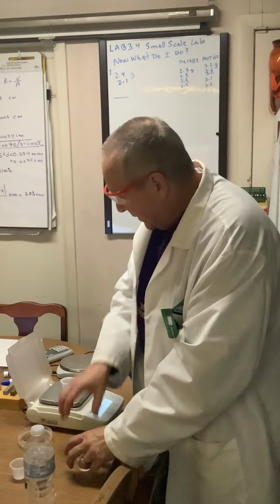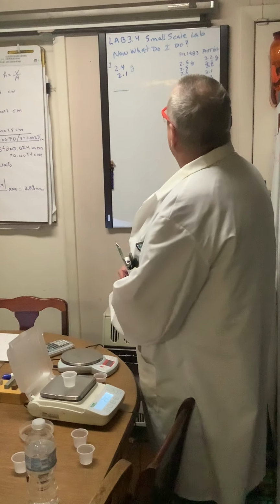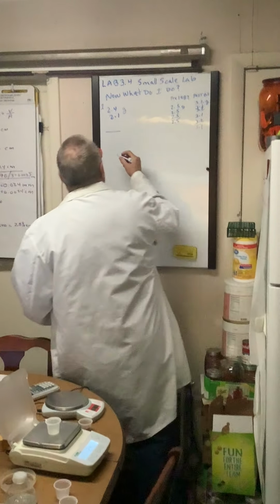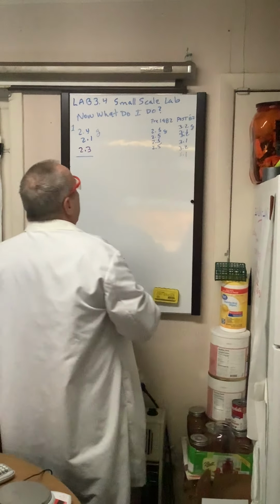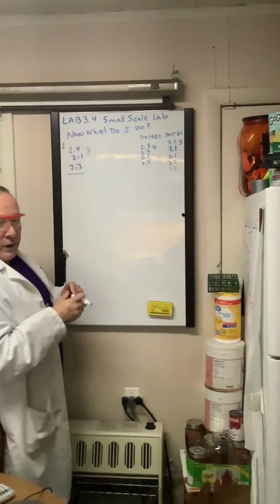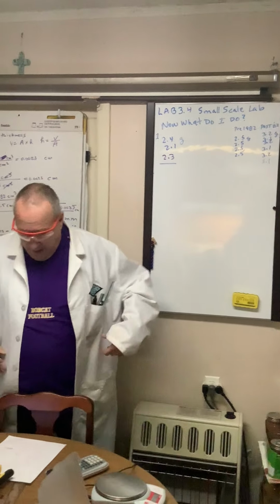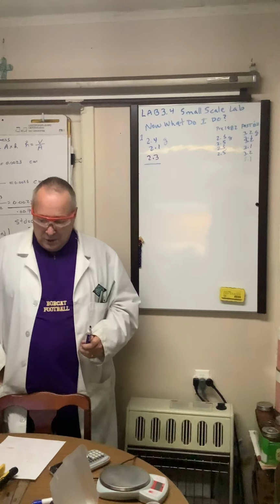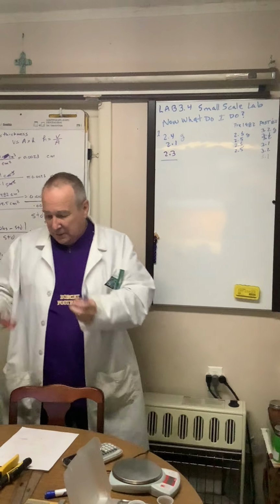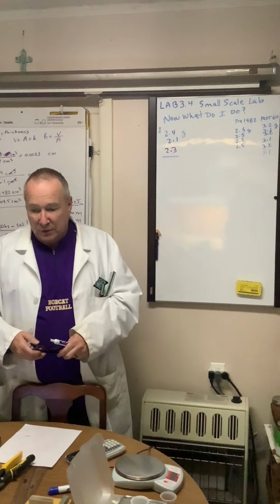So this is my third cup. It weighed 2.3 grams. And what I want to do with this is take an average. If I'm going to take an average and use my calculator, I'm going to need my glasses.